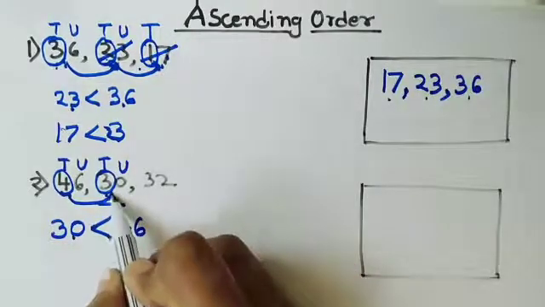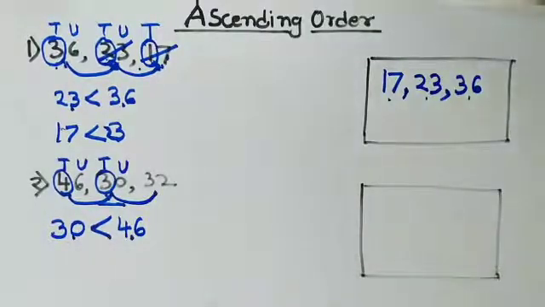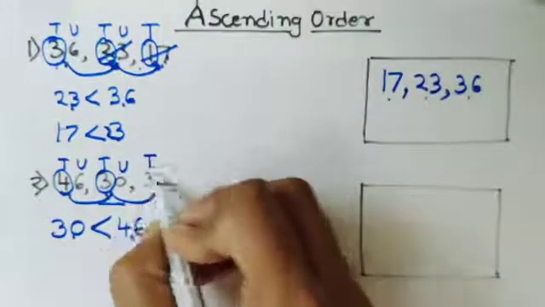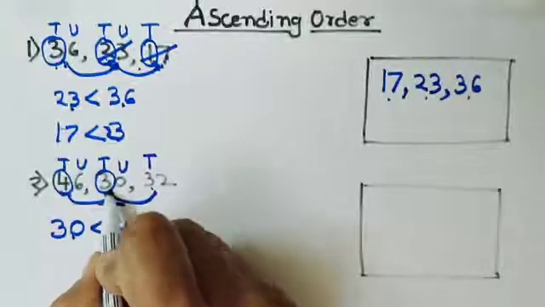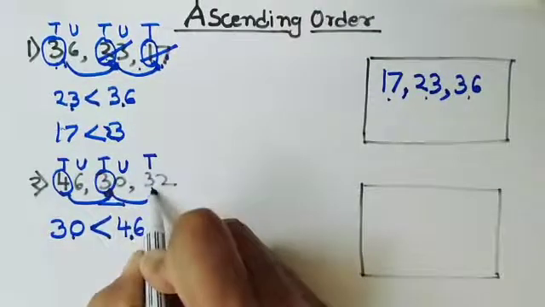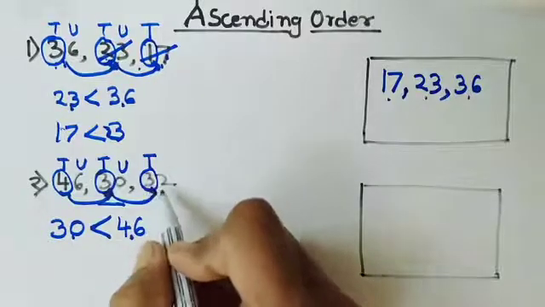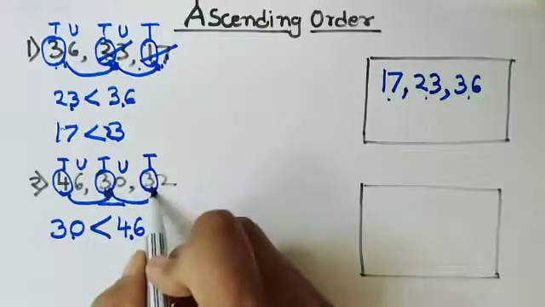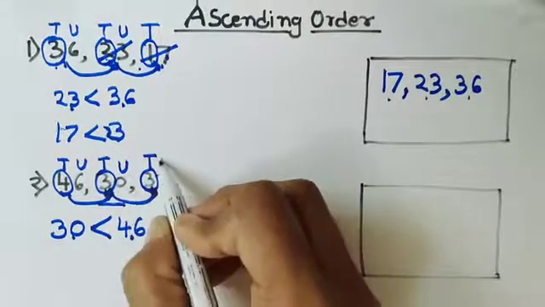Now again we will compare 30 with 32. For that also we have to compare the tens place with each other. Here at 30 we have 3, and here at 32 also we have 3. So what do we do, children? Yes, when we have the tens place the same, then we have to compare the units place.